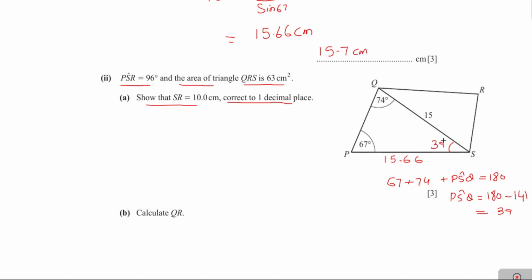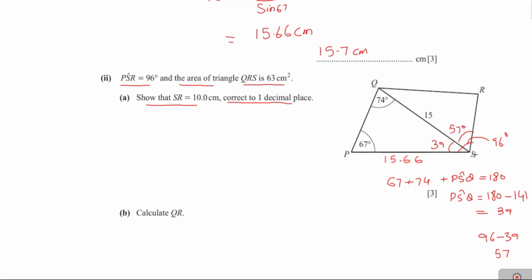Now you see here the total angle PSR is 96 degrees. The remaining angle will be equal to 96 minus 39, that is equal to 57 degrees.